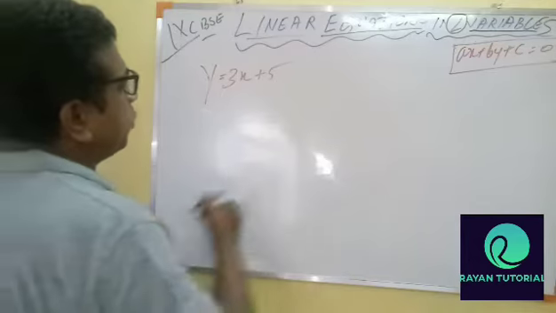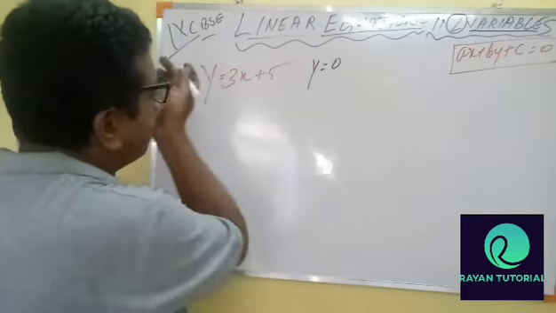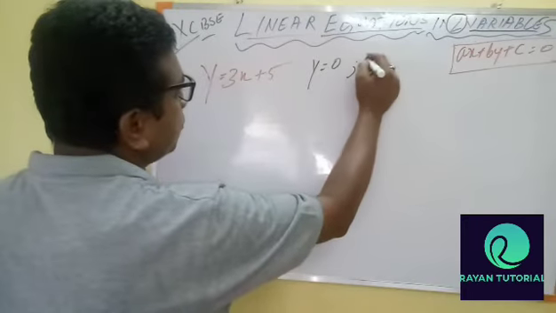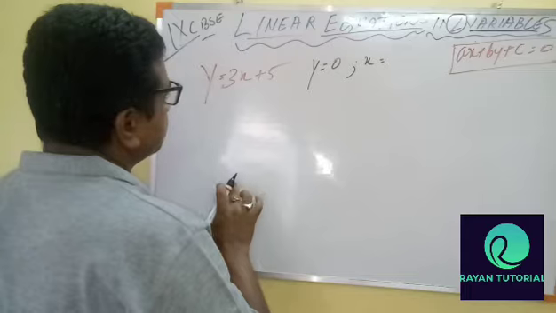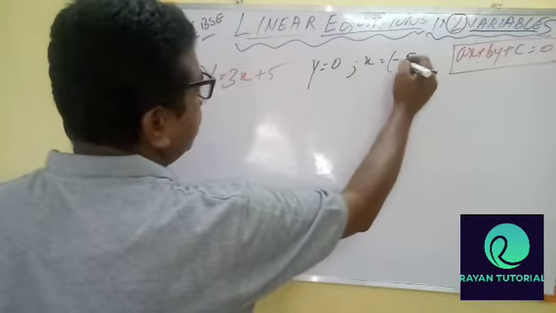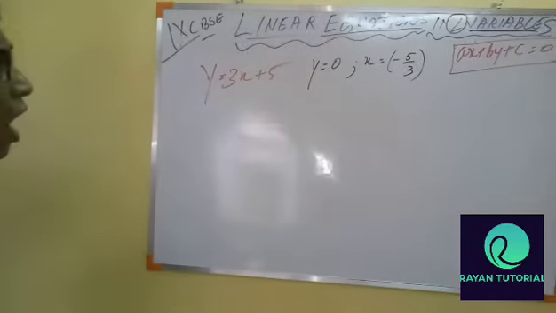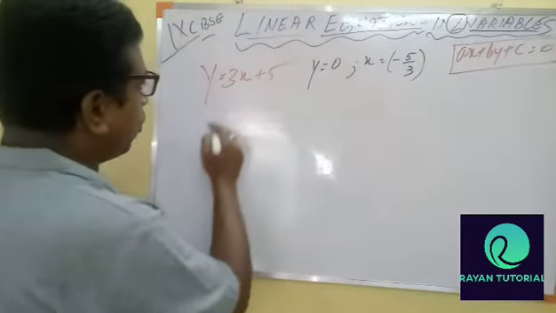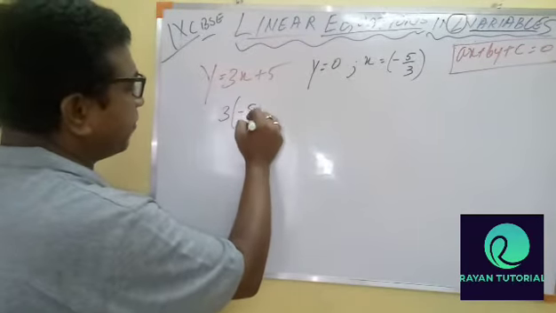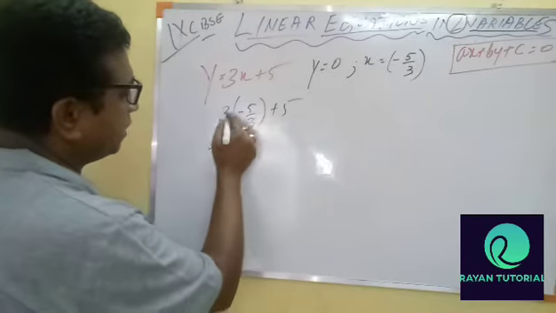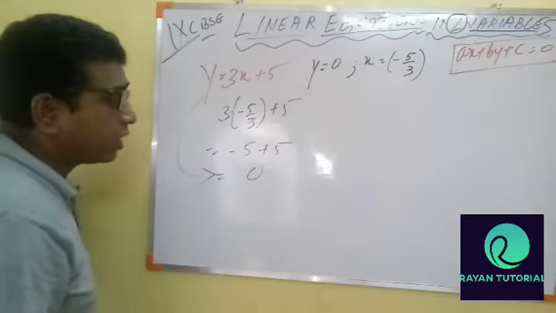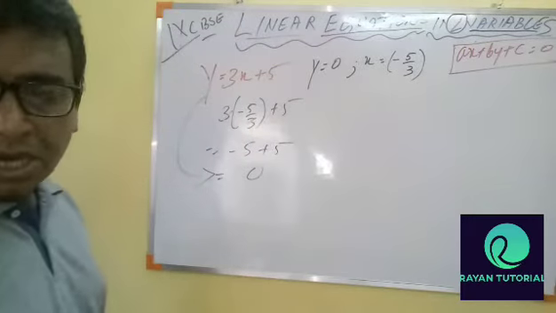See, here if I put y equals to 0, then what happens? If y equals to 0, then x will be equals to minus 5 by 3. How? You put here 3 times minus 5 by 3 plus 5, 3 cancels, minus 5 plus 5 equals to 0. See, y equals to 0. Understood?